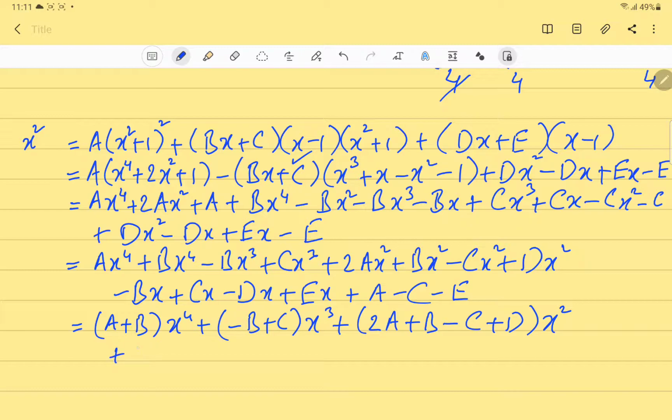Then plus minus b plus c minus d plus e, outside it will be x, and then we have those terms which are without the x.